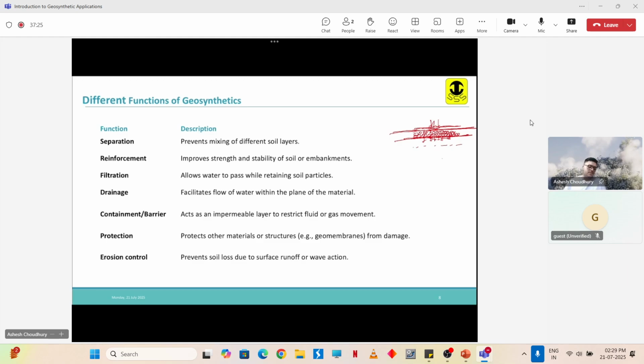You have seen that flyovers are constructed over the road, right? These are the piers. Now, to construct the approach to the flyover, generally we construct a reinforced wall. You must have seen these block-like structures on the road, right?